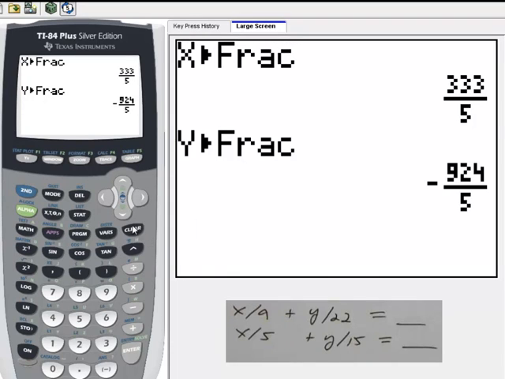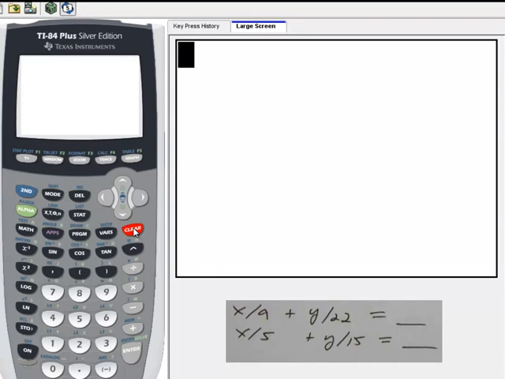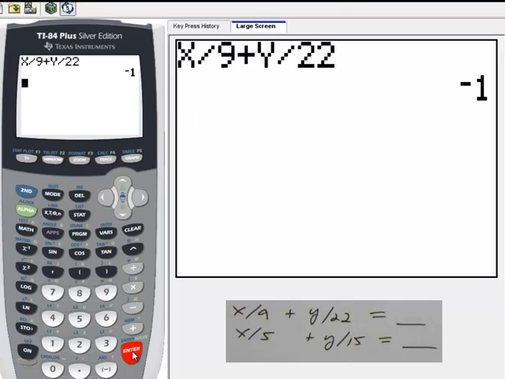Alright, perhaps we clear the home screen here and start with our first equation's left-hand side. That was x divided by 9 plus y divided by 22. Enter. -1, which is the same as the right-hand side of the first equation.